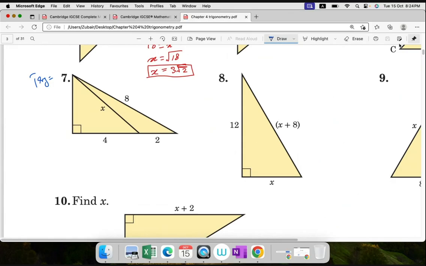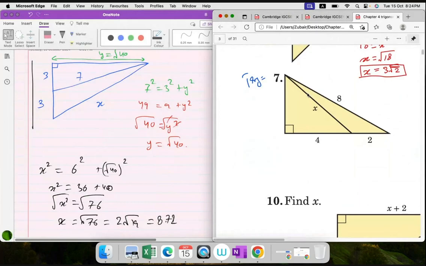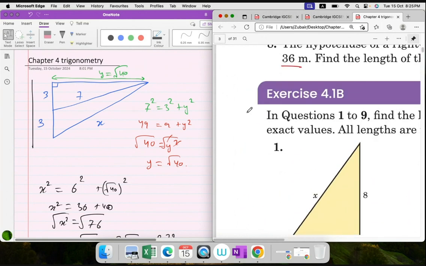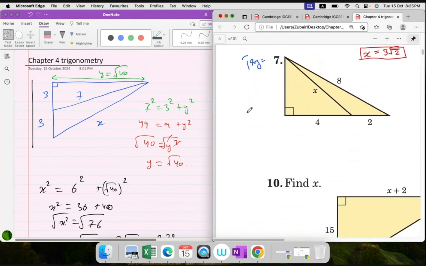So 6.64. Okay, maybe rounding error. I'm getting 6.63. So that is correct. Aris, what are you getting? I am still doing. Okay.